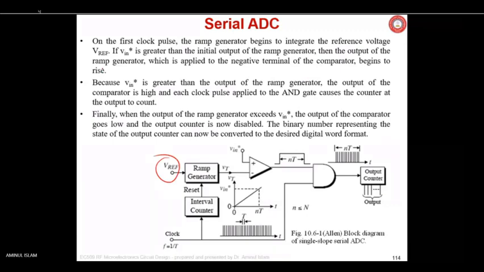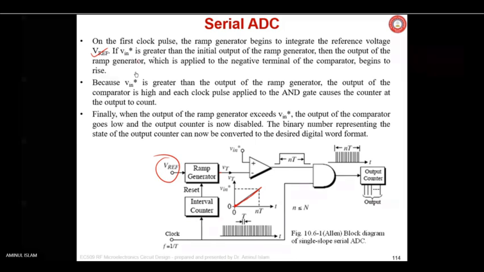Here you have applied the reference voltage Vref, and since it has been reset, the output Vt is initially 0. Ramp generator's output, ramp, will be generated in this way linearly. It will be ramping up, but starting value is 0, and then it will keep on increasing linearly.